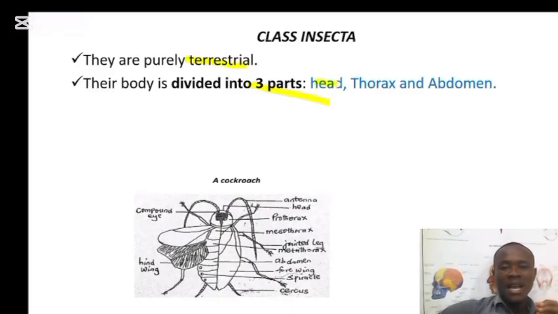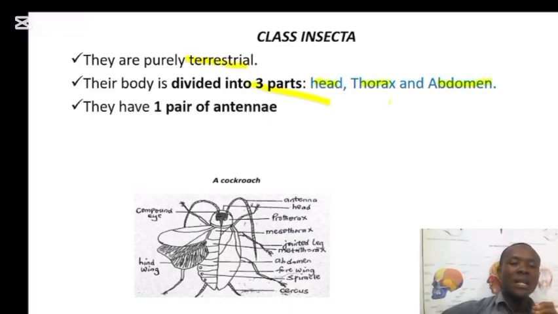They have the head, the thorax, and the abdomen. Unlike the other 2 classes that we have discussed, Crustacea and Arachnida, in which the head and the thorax are fused together to form what we call the cephalothorax, in here the head is separated from the thorax and the thorax is separated from the abdomen.